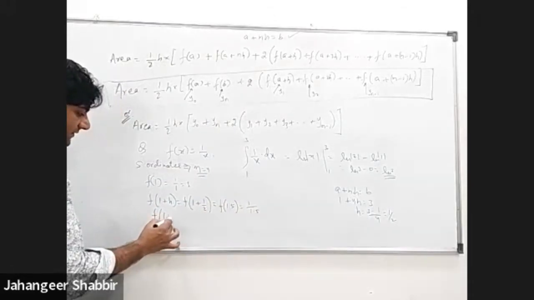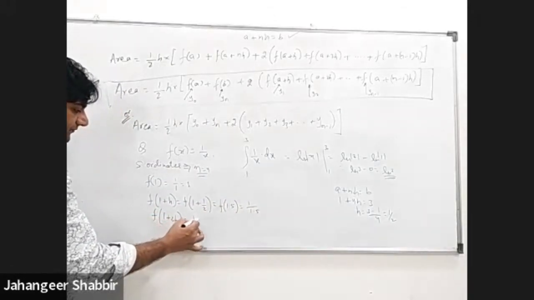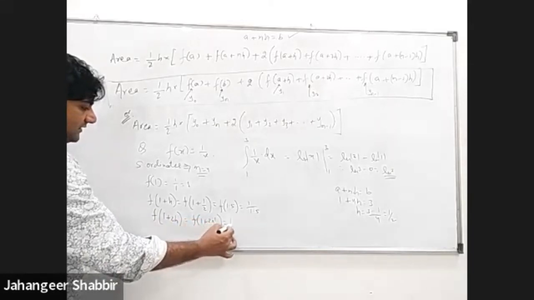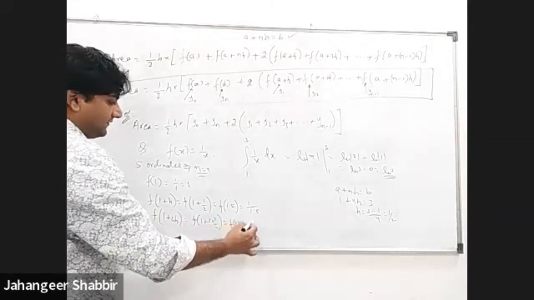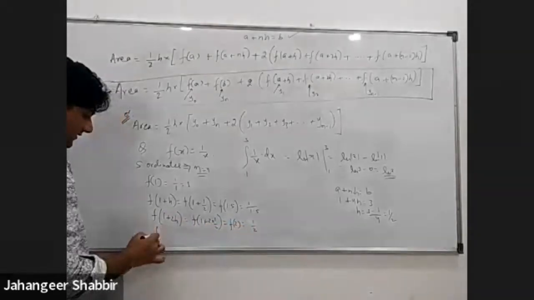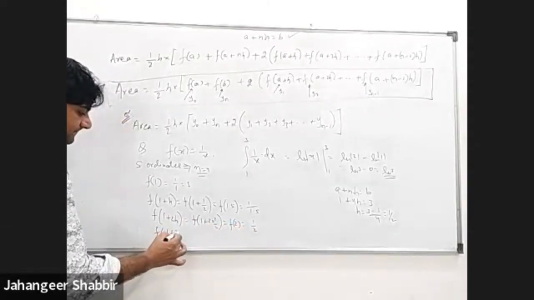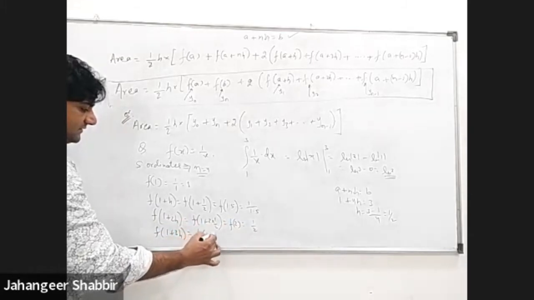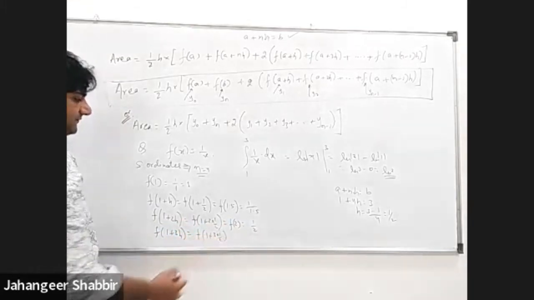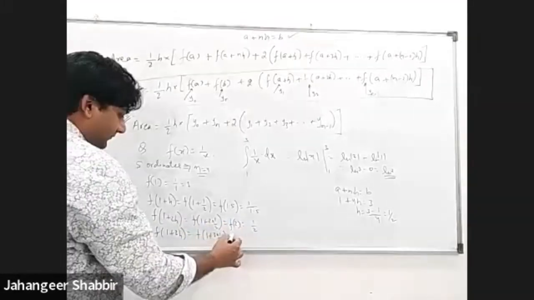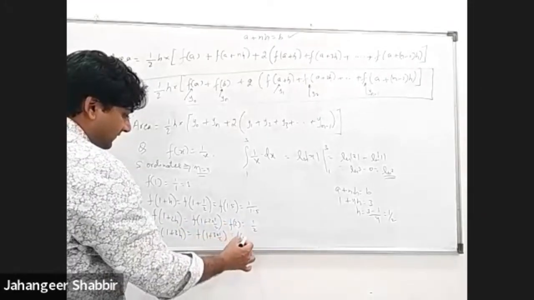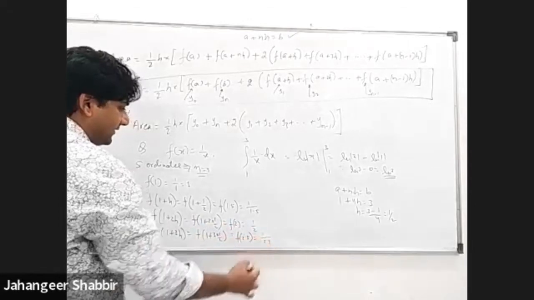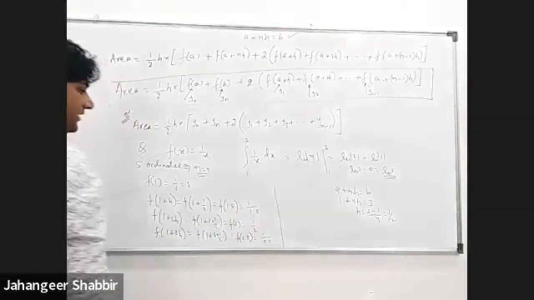Now f of 1 plus 2h, f of 1 plus 2 times half, means f of 2, which is 1 over 2. Now f of 1 plus 3h, f of 1 plus 3 times half, so f of 2.5. 1 over 2.5 I need to find.